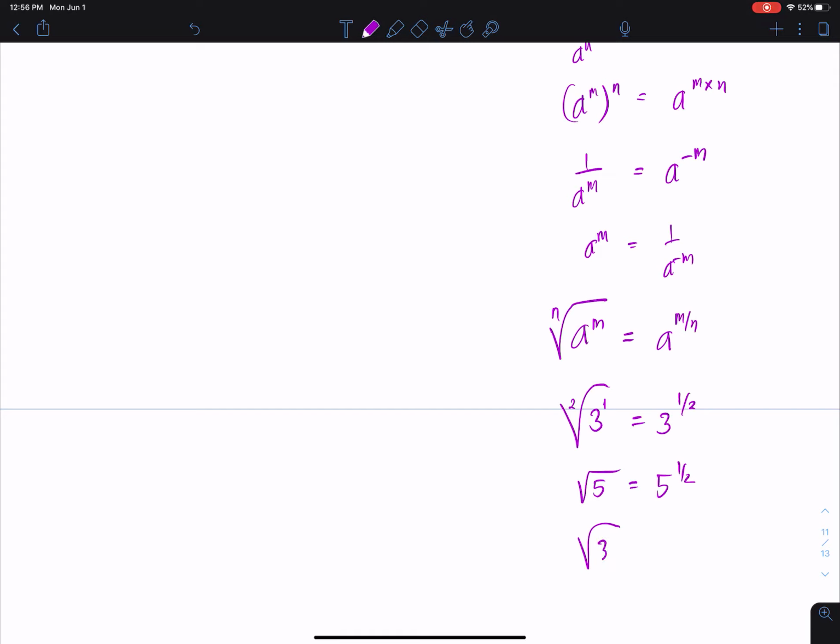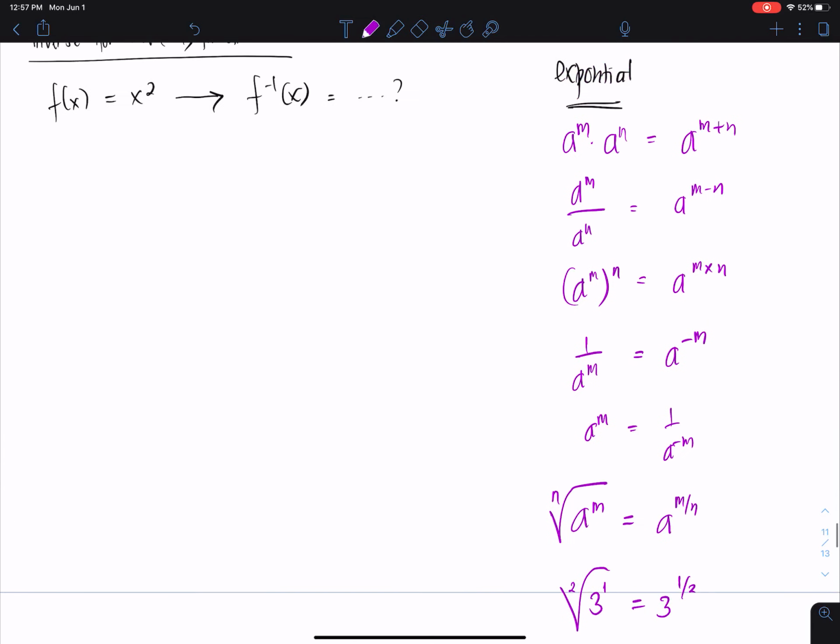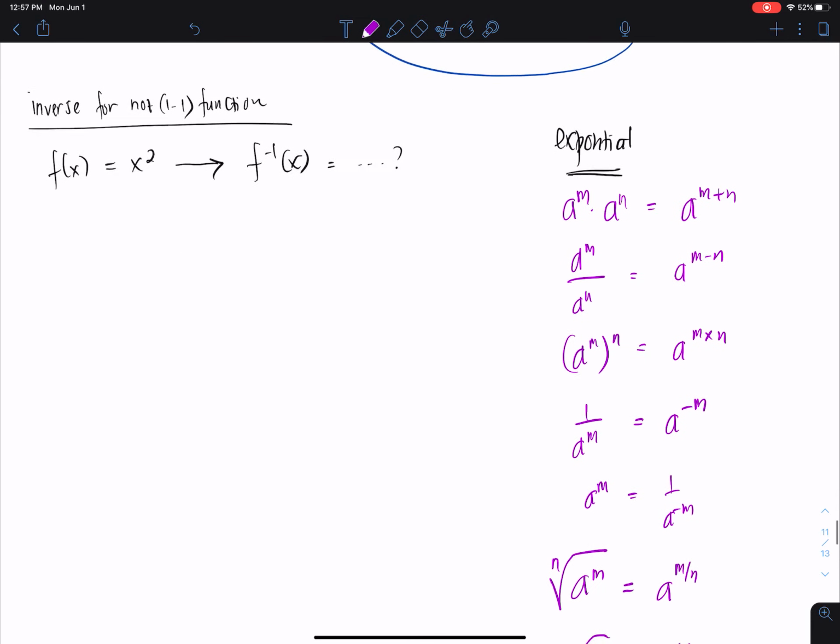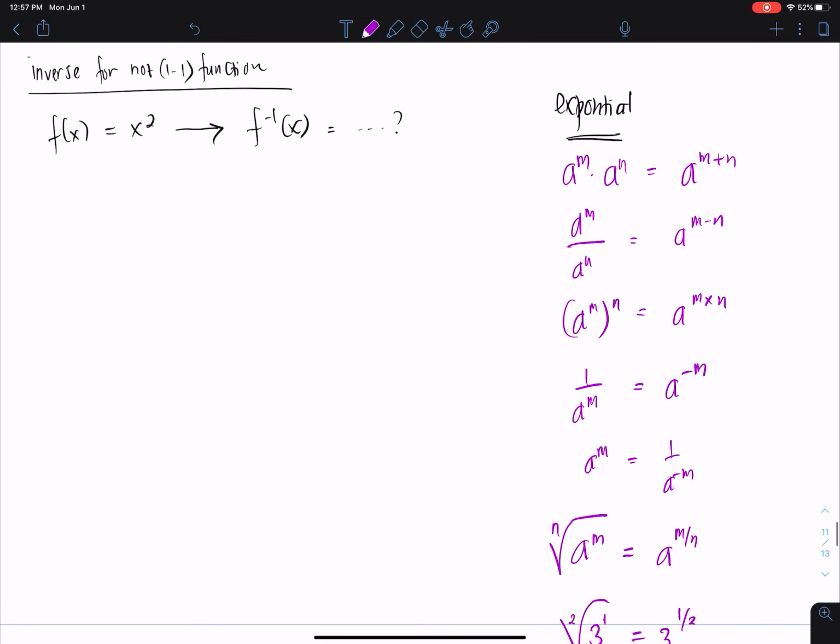If you have a 4 here and a 5 here, that will be 3 to the power of 4 over 5, like that. So these basic exponentials, I don't want to discuss further. You should already know them, because as I said, for not one-to-one functions, this property will be used a lot in the process.